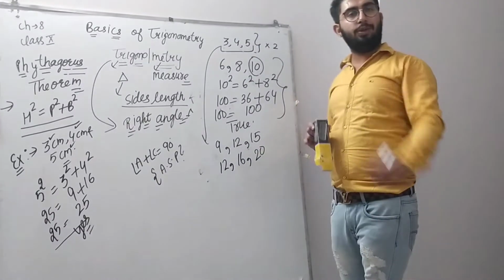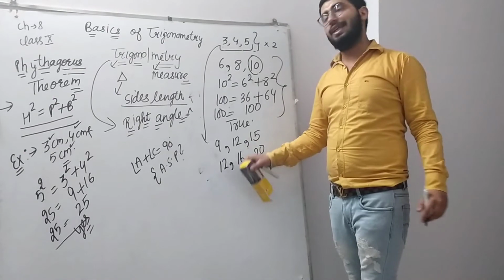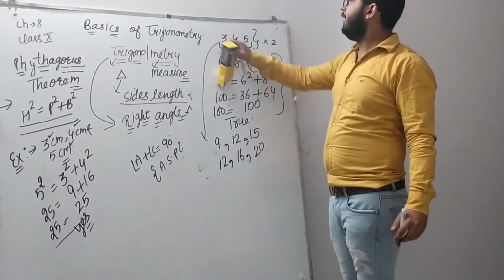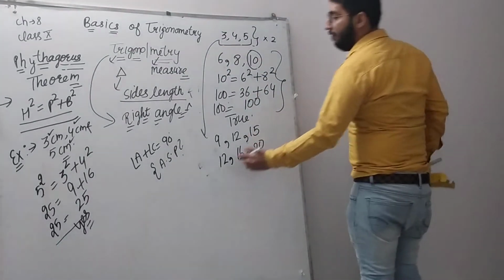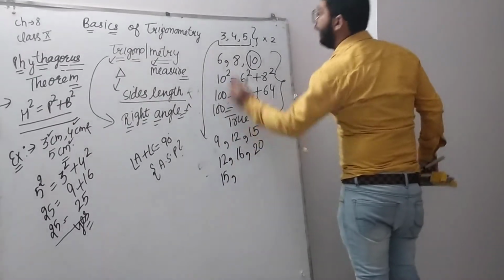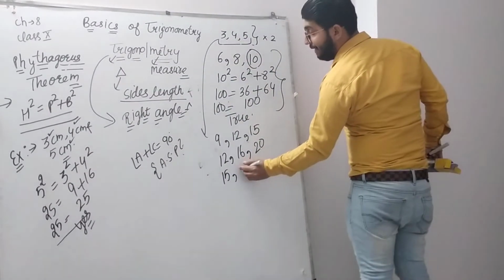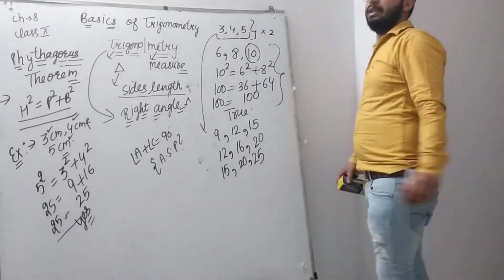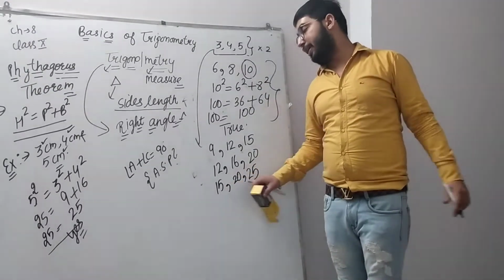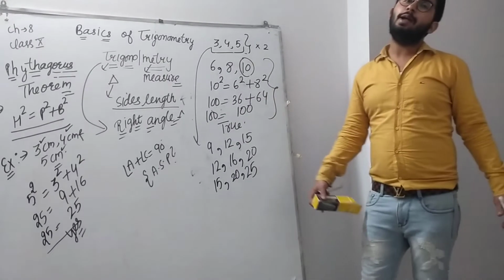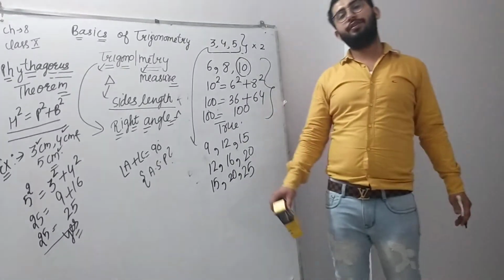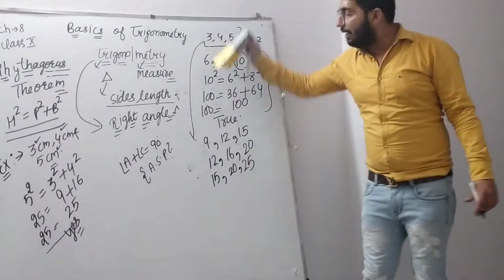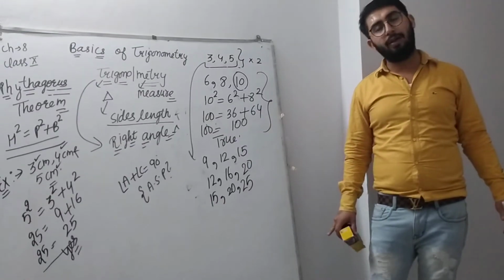This is another Pythagorean triplet, 12, 16 and 20. And now multiply it by 5. 3 5s are 15, 4 5s are 20, 5 5s are 25. So 15, 20 and 25 is another Pythagorean triplet, right? These are the triplets which satisfy the Pythagoras theorem.